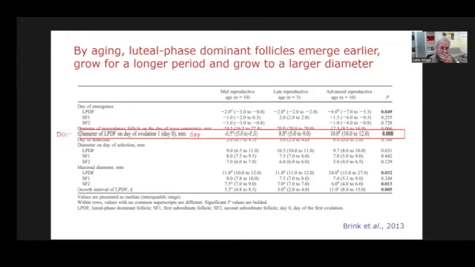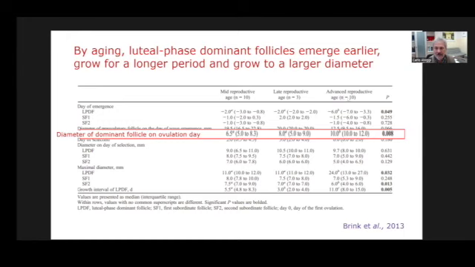And what emerged, and in my opinion is amazing, is that by aging, we have a progressive increase in the size of dominant follicles at day, I can say, 18, 20, soon after ovulation. The presence of follicular waves is different according to age. And in patients in more advanced reproductive age, we have dominant follicles earlier, soon after ovulation.